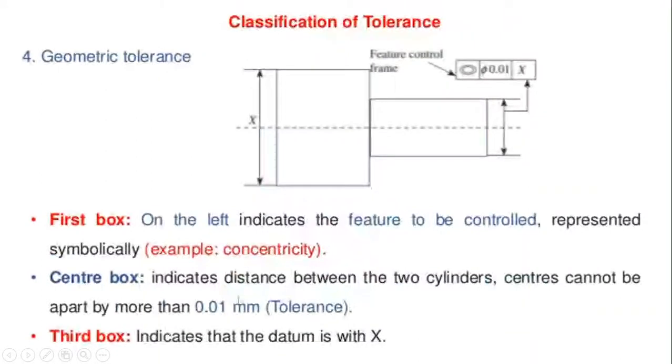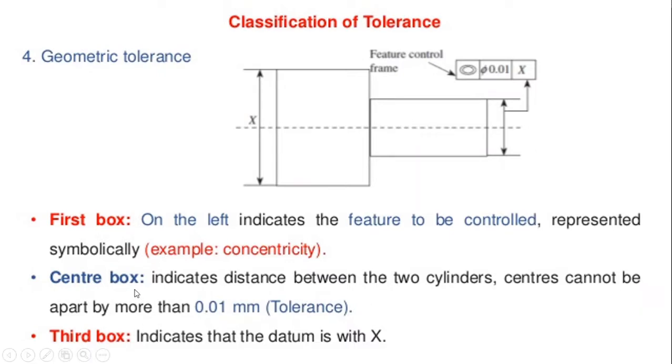This symbol is concentricity, which represents that these two cylindrical objects are both on the same axis line, which is represented here.